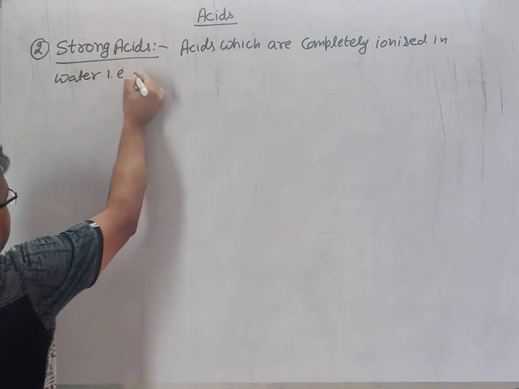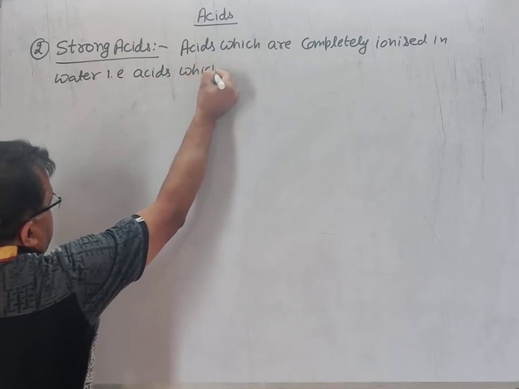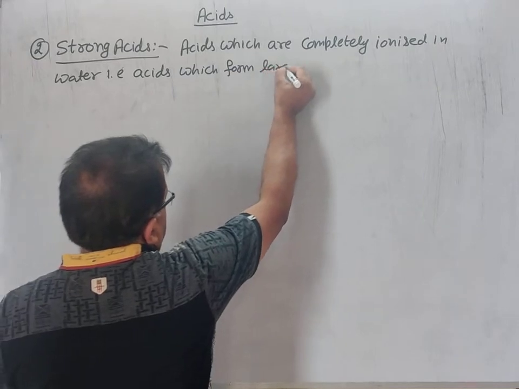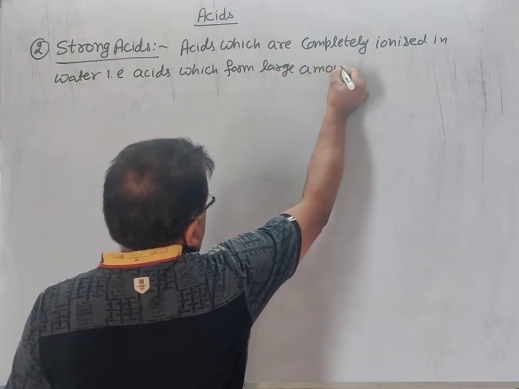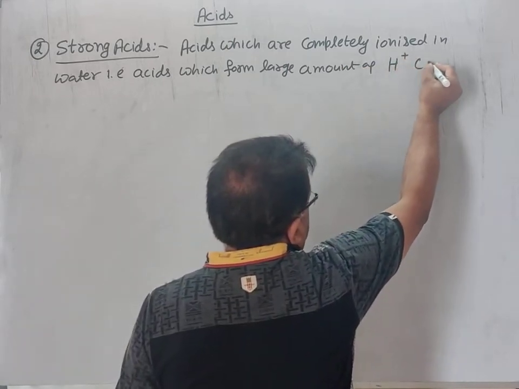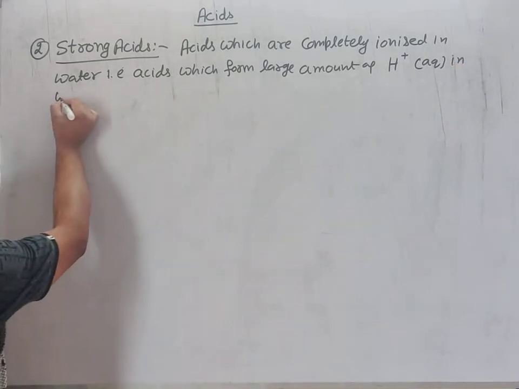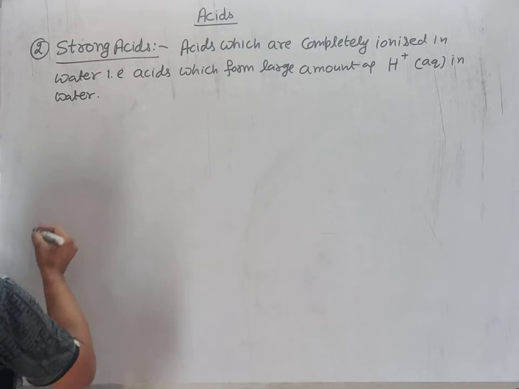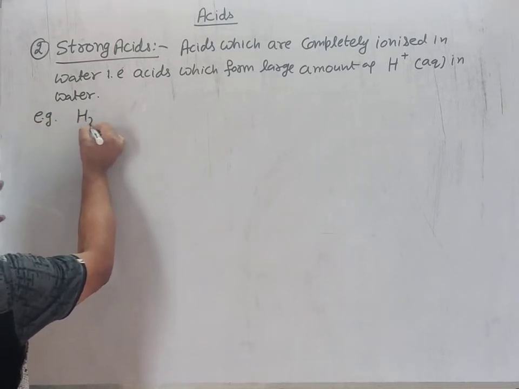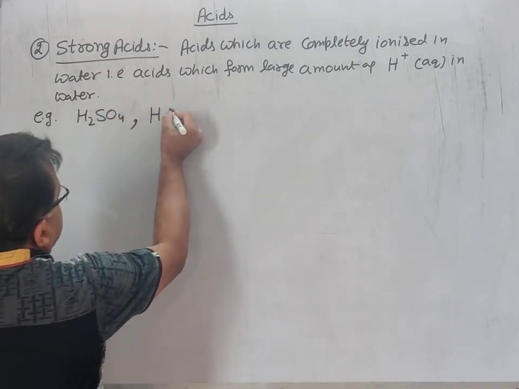That is, acids which form a large amount of hydrogen ions, aqueous, in water are known as strong acids. For example, sulfuric acid, that is H2SO4, hydrochloric acid, HCl, and HNO3, nitric acid.